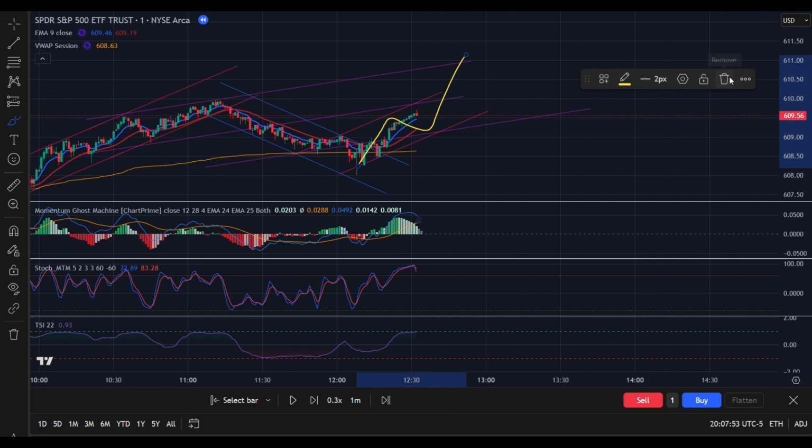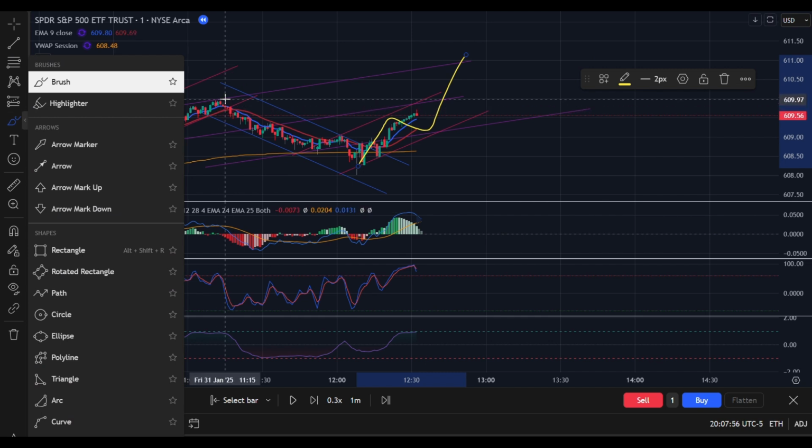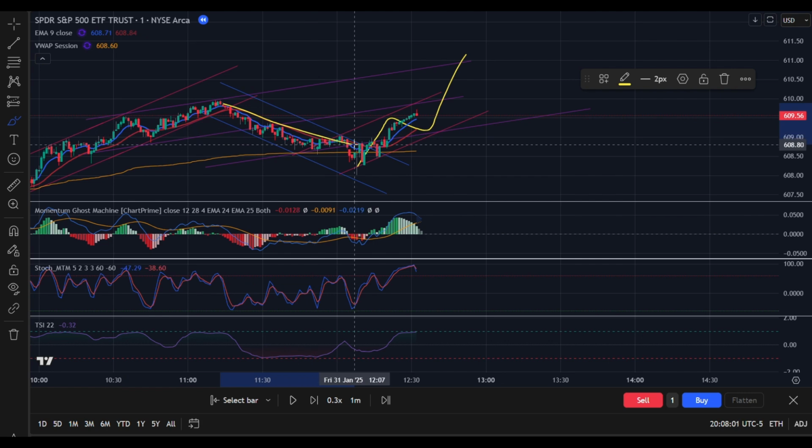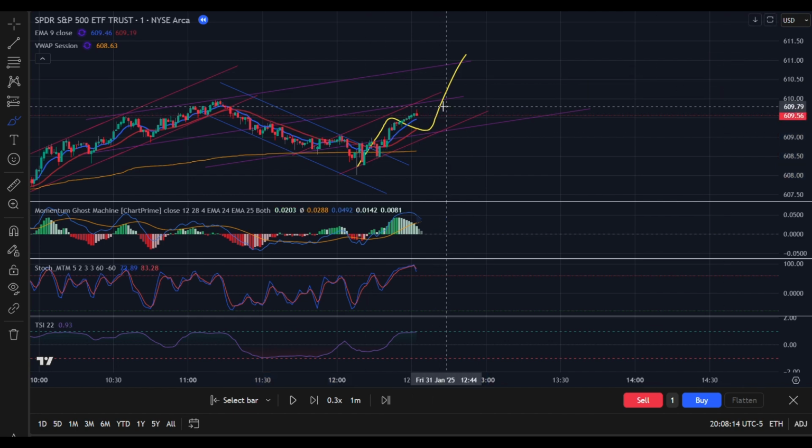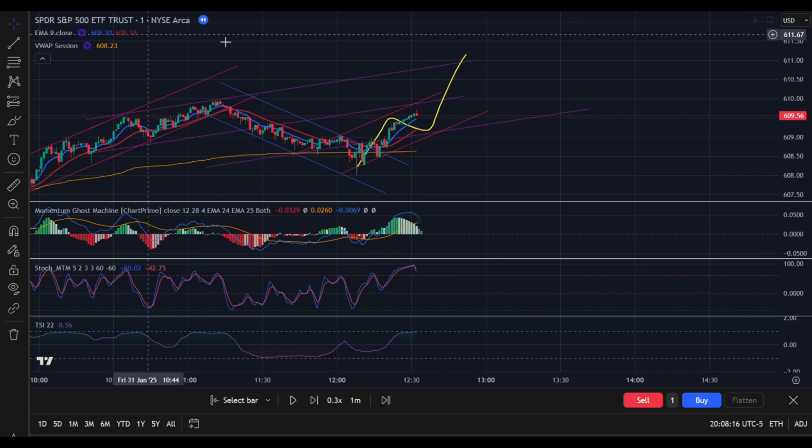If this is going to head down, here's a downward path. So here are your options.